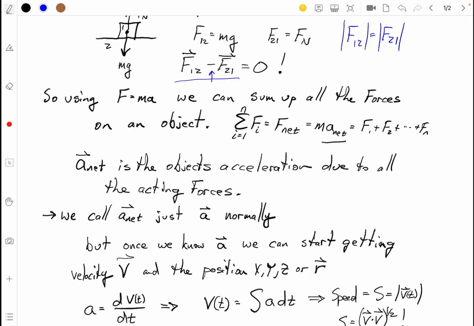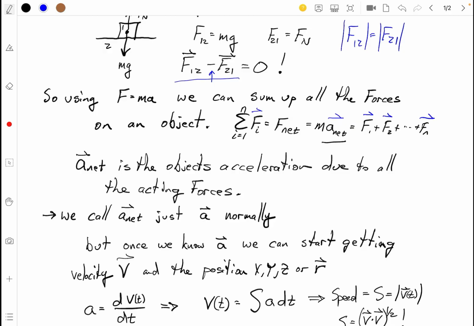Using F equals ma, we can sum up all the forces on an object. There may be many forces, and we can take all of those force vectors and add them all together, and in the end we come up with a vector. If we take the mass times that, we'll have all of the forces combined.